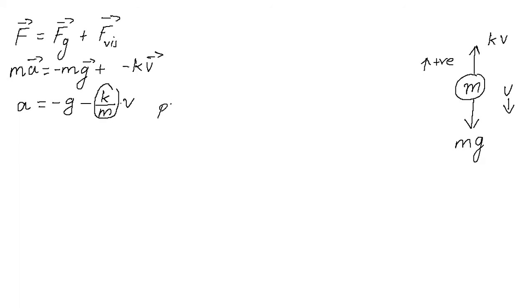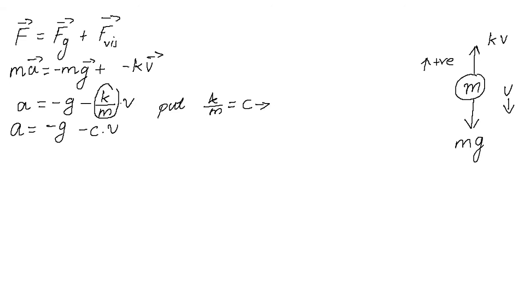Let me put k by m equal to some other constant, say c. And this is actually the drag coefficient. How much drag the body will experience is indexed by this particular constant. Therefore, I can rewrite this equation for acceleration a as negative g minus c into v, correct?